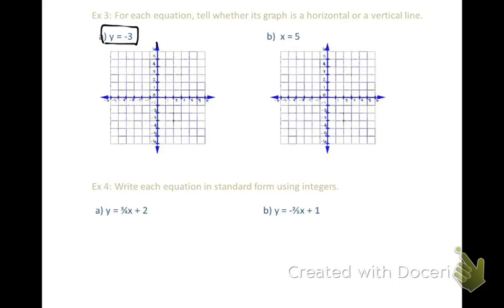So on the y line, because it's y equals, you're going to find negative 3 and you're going to put a point. And to make it its opposite of the y, you're going to make it go horizontal. So the line that's attached with it is going to go perpendicular to the y-intercept line. So it is going to be a horizontal line.